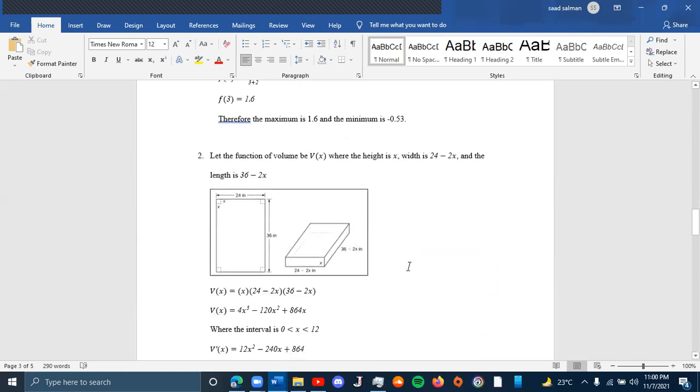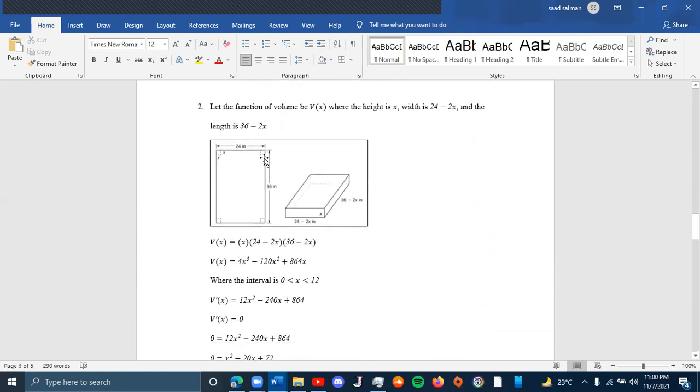So we'll start question number 2 by looking at this image, which shows us all the dimensions. So let the function of volume be V(x), where the height is x, width is 24 minus 2x, and the length is 36 minus 2x, which will give us V(x) equal to x multiplied by (24 minus 2x) multiplied by (36 minus 2x).